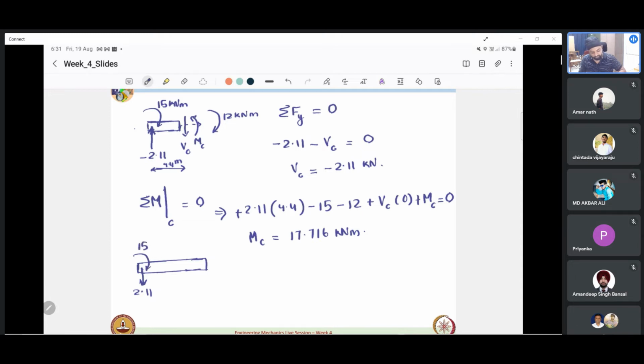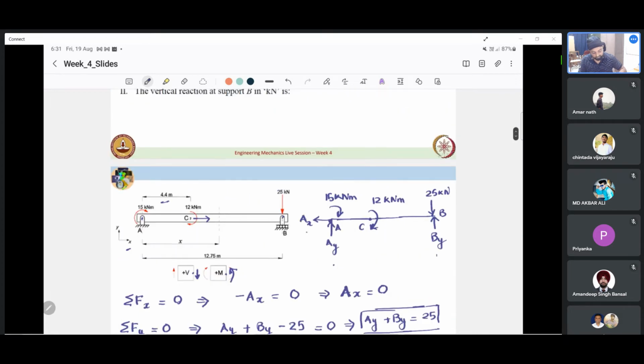Then we have 15 kilonewton meter applied. Then at C we have 12 kilonewton meter applied. Is there anything else that we have missed? This is at some section X, some section which is at distance X. It is at this X we are cutting the beam.